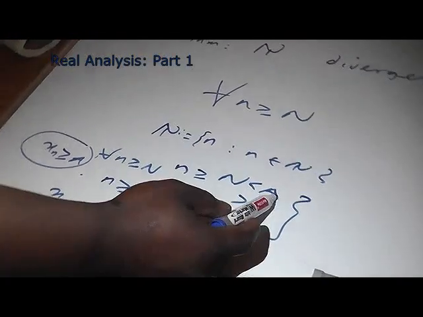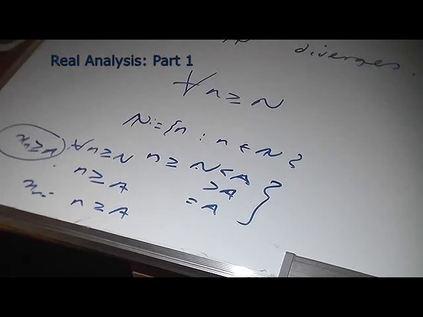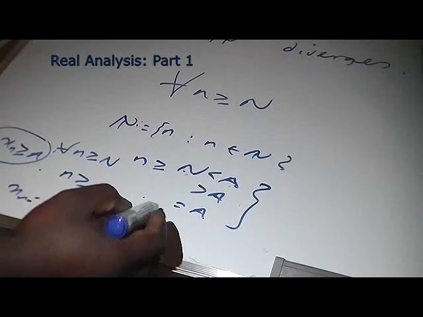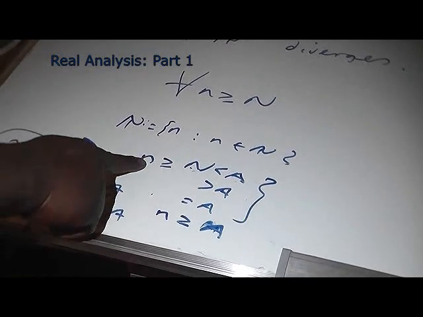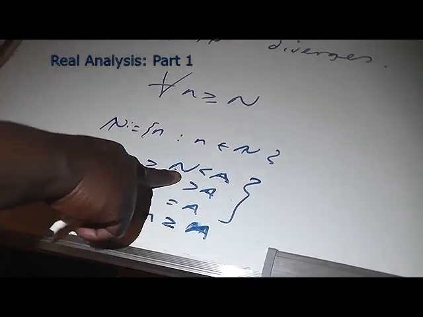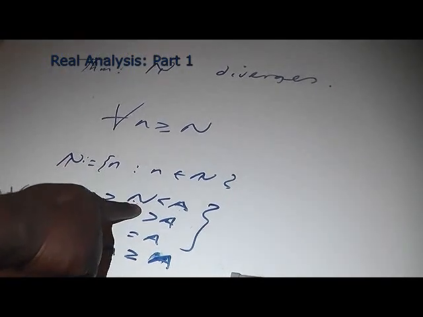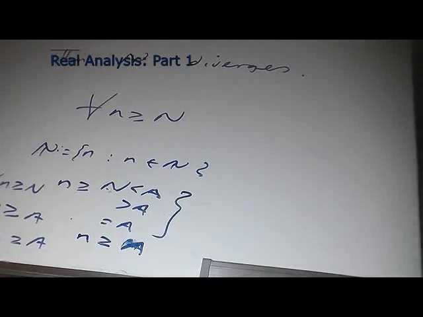Now, n and a are no matter how large. Even if n is less than a, still n is bigger than or equal to a, because n and a are arbitrary. So if n is greater than or equal to N, an arbitrary number no matter how large, then it's greater than a.